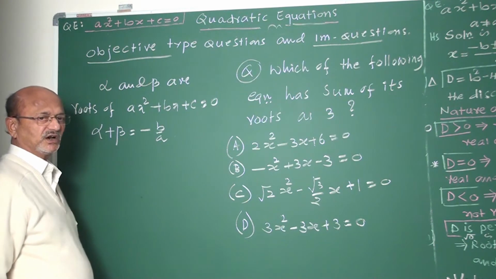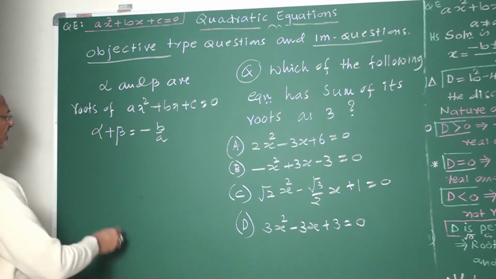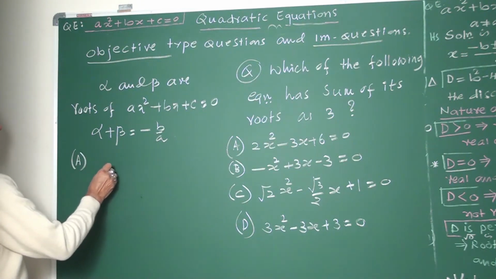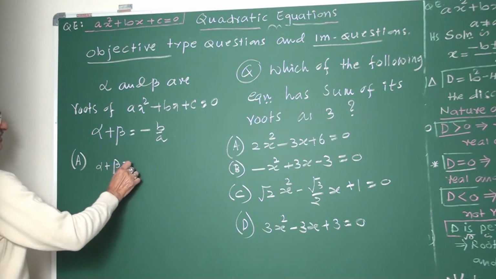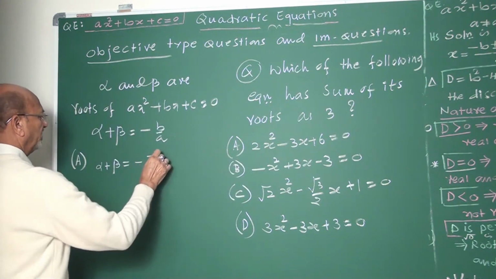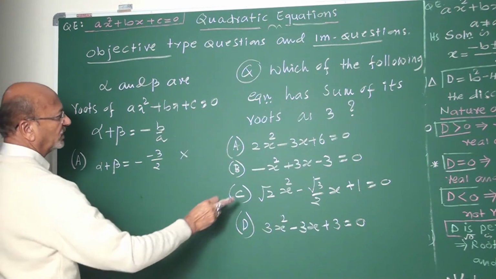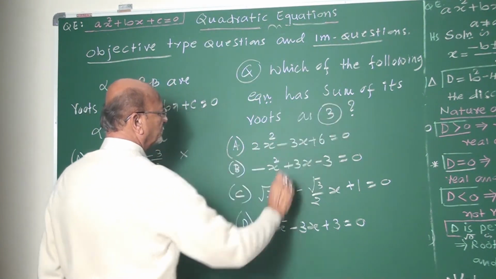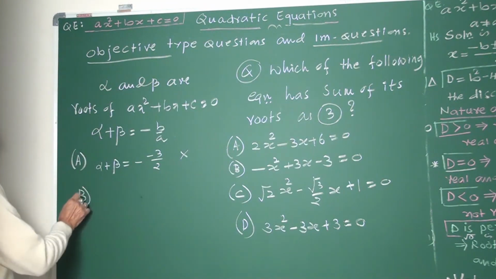You know this relation. In case of A, what is the sum alpha plus beta? Minus of minus 3 by 2. It is not 3. You wanted the sum to be 3. No, it is not.